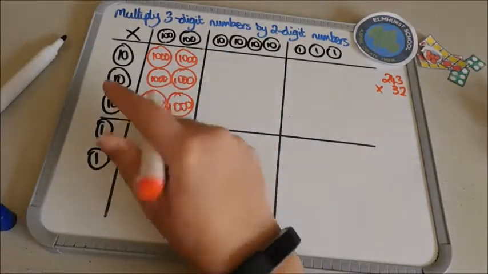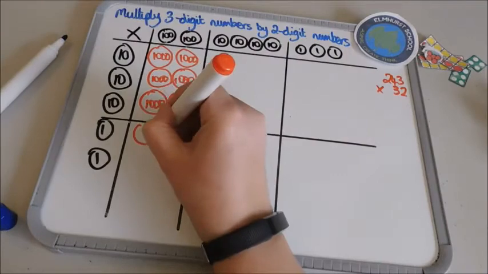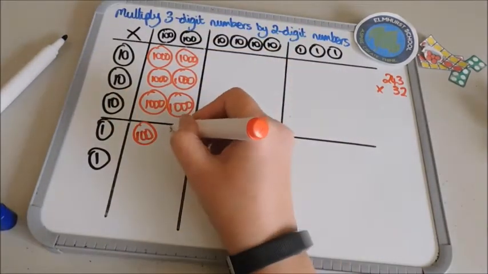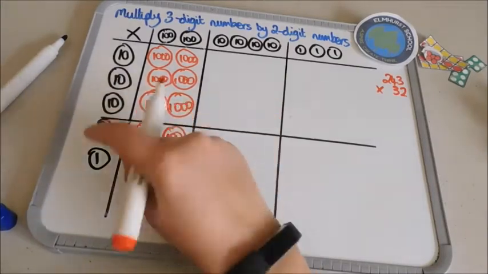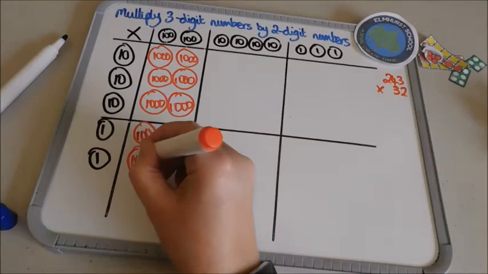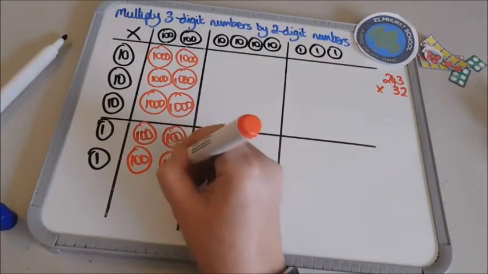Now I'm going to do 1 times 100. 1 times 100 is 100, and again, repeat the process.